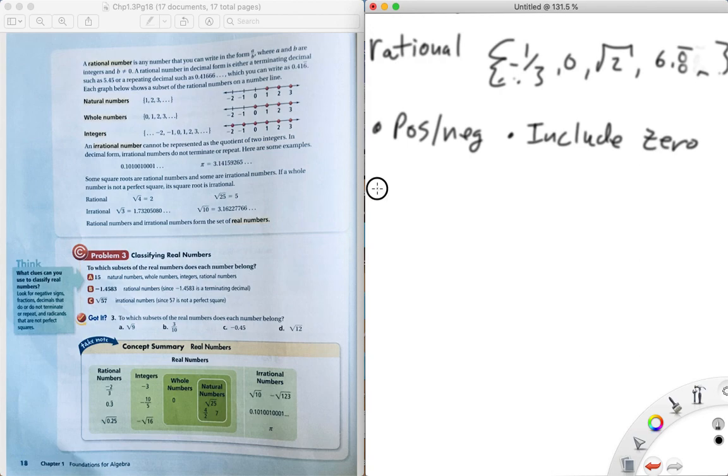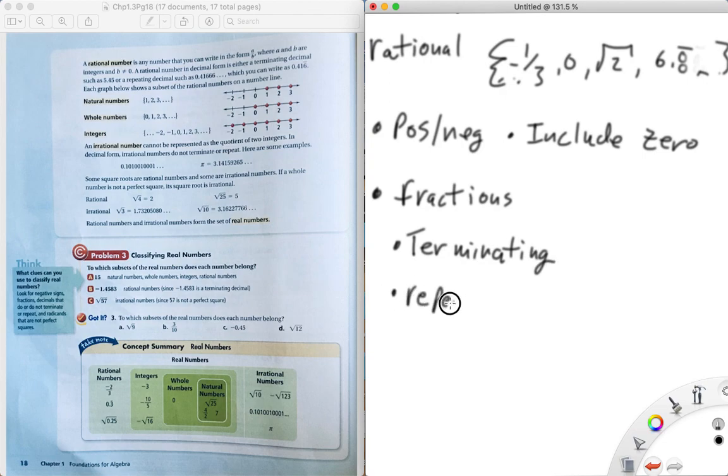In addition to that, we do have fractions. We also have terminating and repeating decimals.